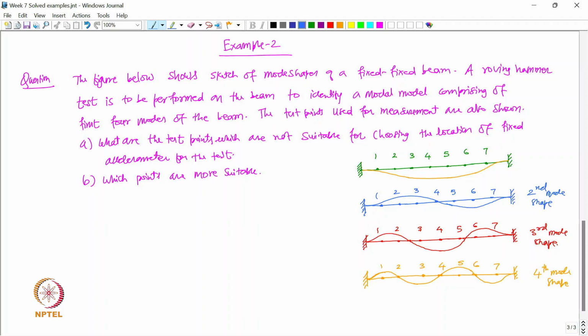Great. So, these are essentially the mode shapes being given to us, and first mode shape. Let us solve this problem.